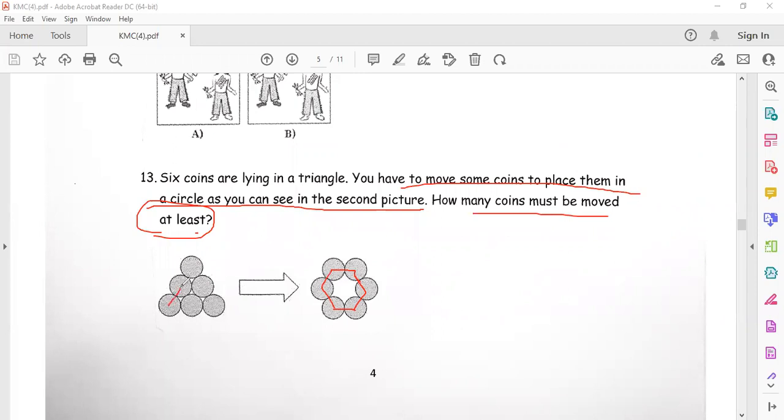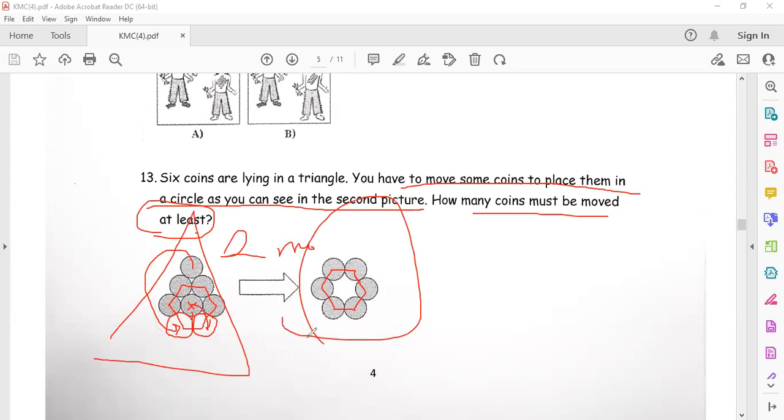And you will see, yes, if you join this, you can already almost get to the pentagon. So what's missing here is this circle and this circle. Now this circle has to move out and this circle has to move out. So in other words, with 2 moves or 2 coins, you can change this triangular shape to a circle shape.